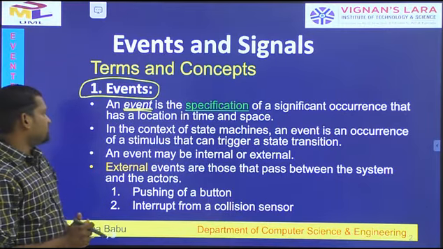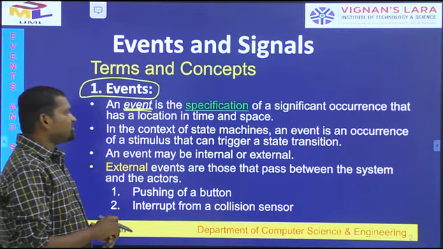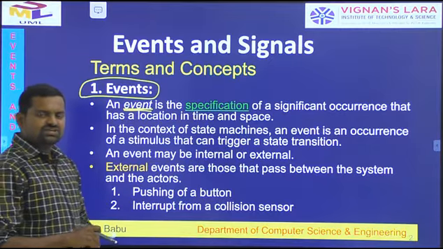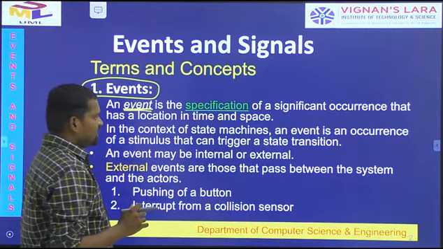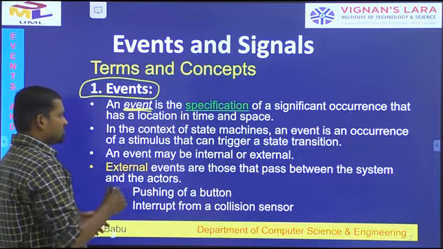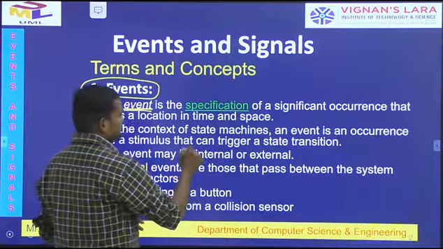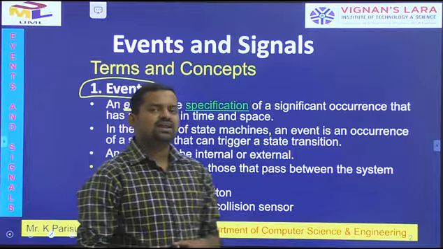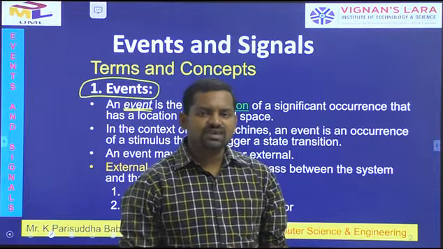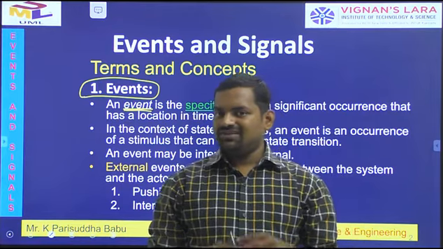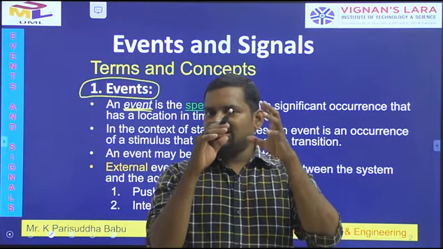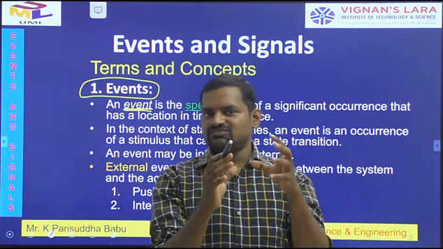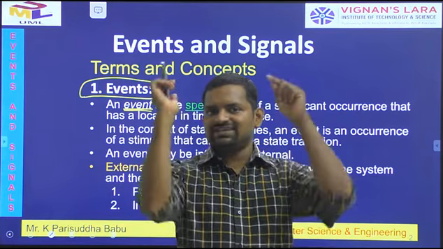In the context of state machine diagrams, an event is an occurrence of stimulus that can trigger a state transition. The event can occur whenever the information is transferring from one state to another state.